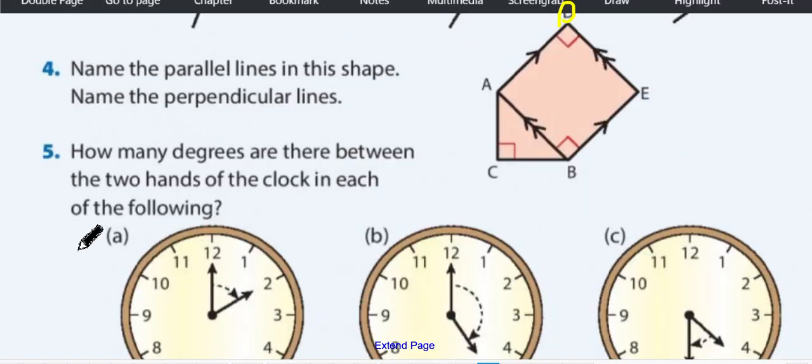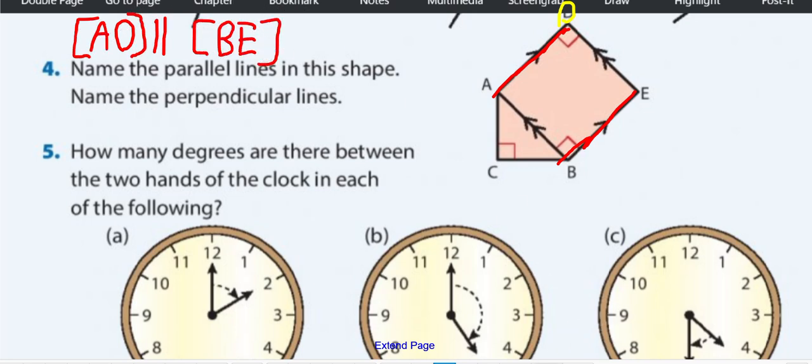Now, parallel lines, okay? The two parallel lines I see, the two easy ones are these two here. What are they then? AD is parallel to BE. What else is parallel? AB and DE. Line segment AB is parallel to DE.